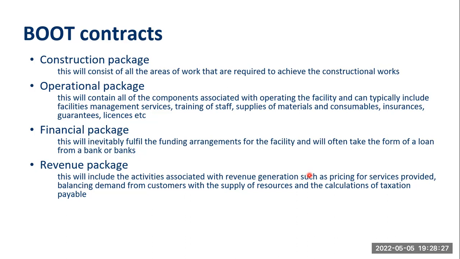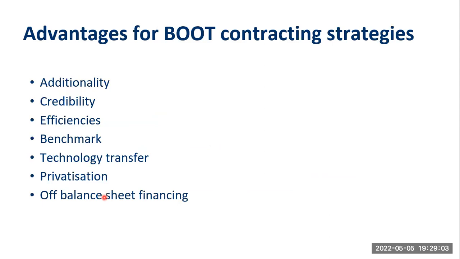Then financial package, when the project management company is responsible for supporting the client with financing options. Then the last option there is revenue package, where the project management company will have to help the client to price and generate revenues from the project they have delivered. So it depends on the arrangement between you and the clients that will result in whatever package it is.